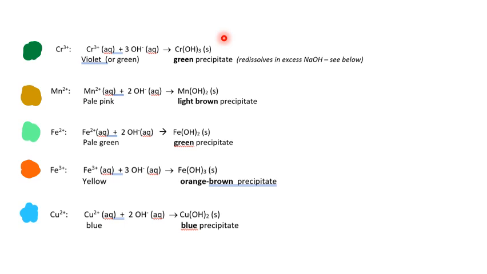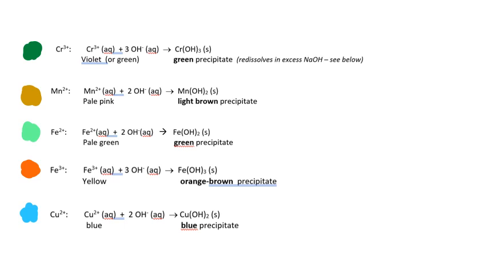And iron 2+, pale green solution, green precipitate. It's a different shade of green from the chromium 3 hydroxide one, so in real life there's no ambiguity there. You can tell which one it is because it's a different shade of green, but you don't need to worry about that for A-level.